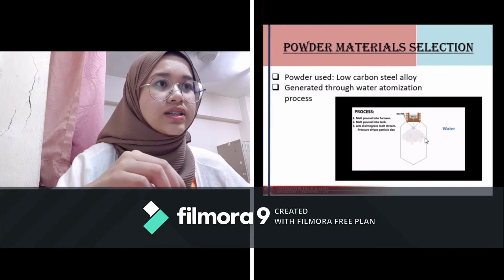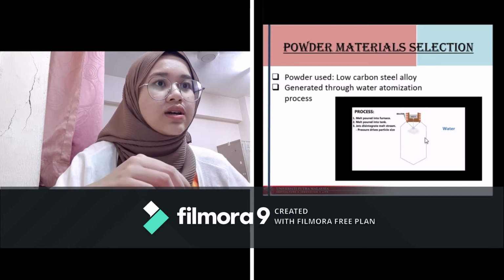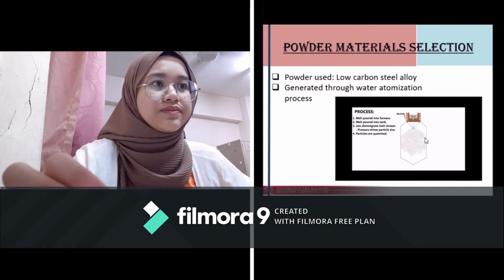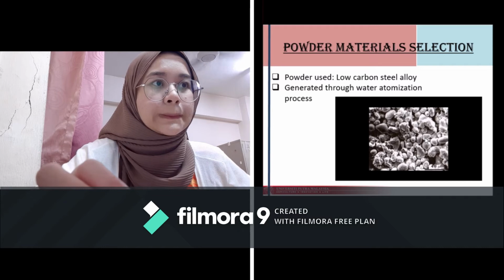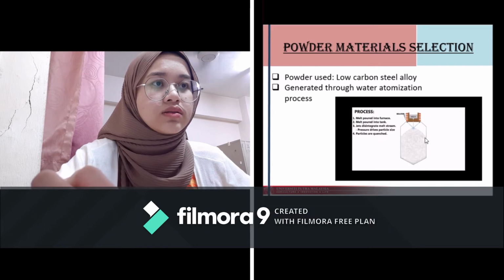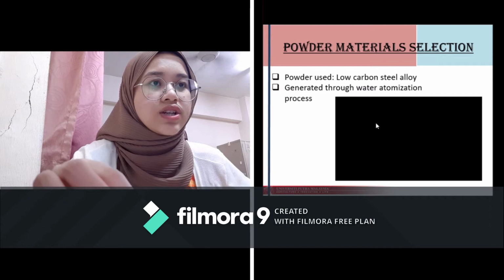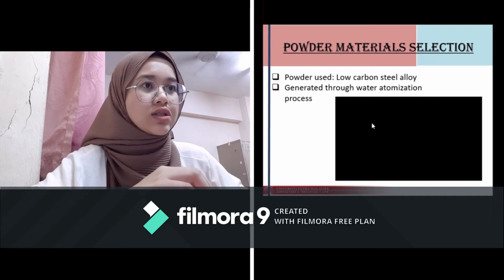The pressure in the tank will determine the particle size. And then the particles are quenched, and then the particles are collected at the bottom of the tank.